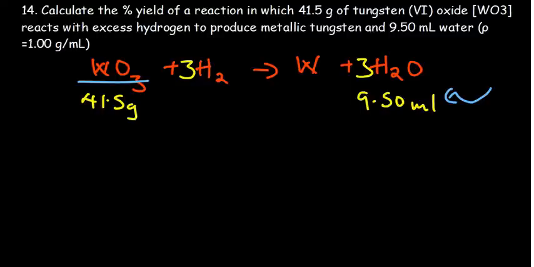So you would have to check your periodic table so that we get the value of the molar mass. The molar mass of tungsten is 183.84, plus 3 times approximately 16 of oxygen.